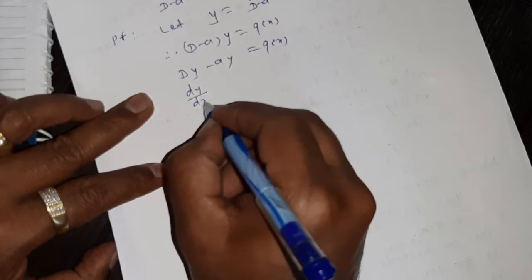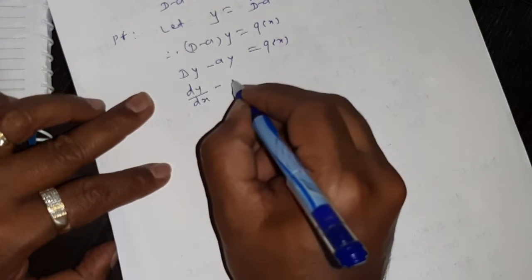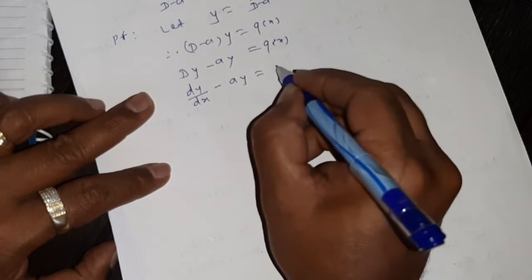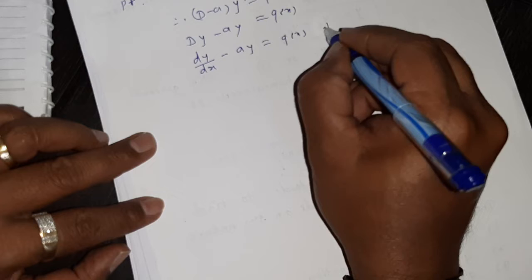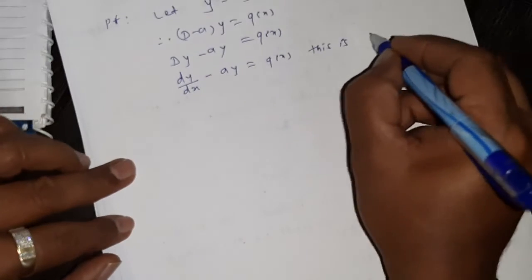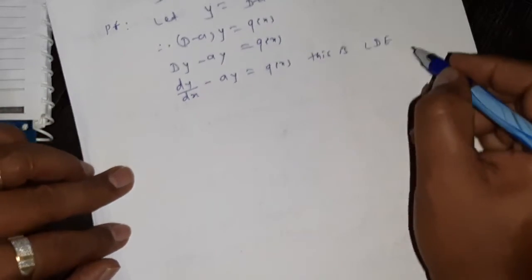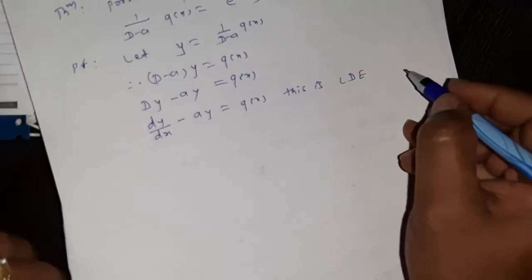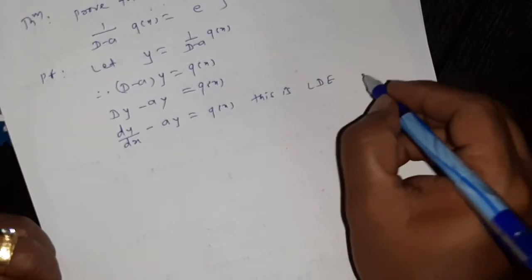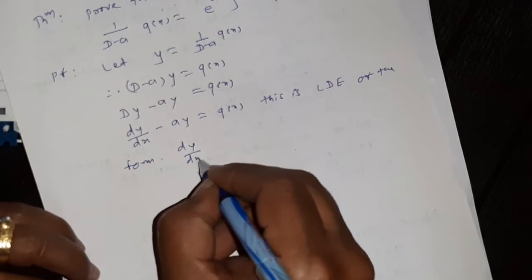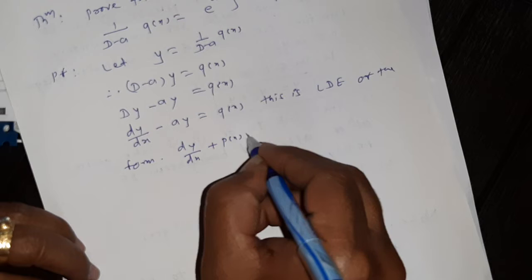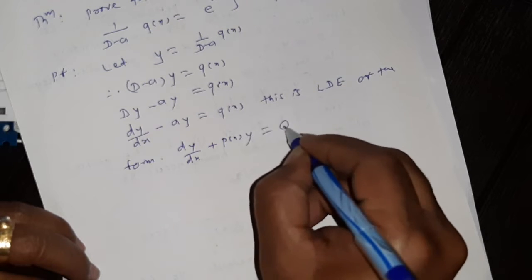So dy by dx minus ay equals Q(x). And this is a linear differential equation of the form dy by dx plus P(x)y equals Q(x).